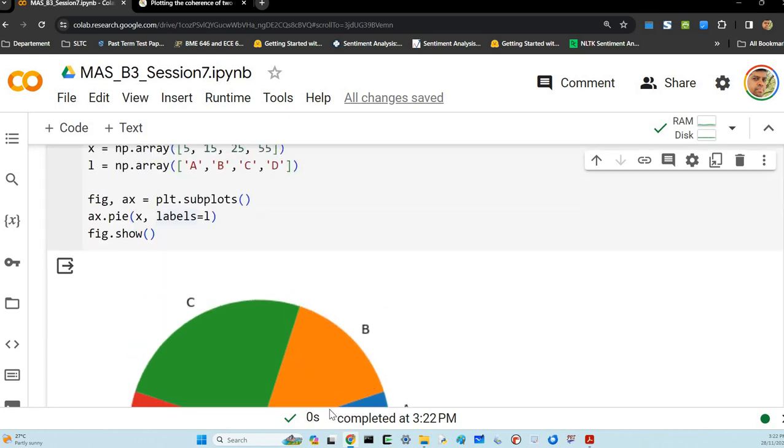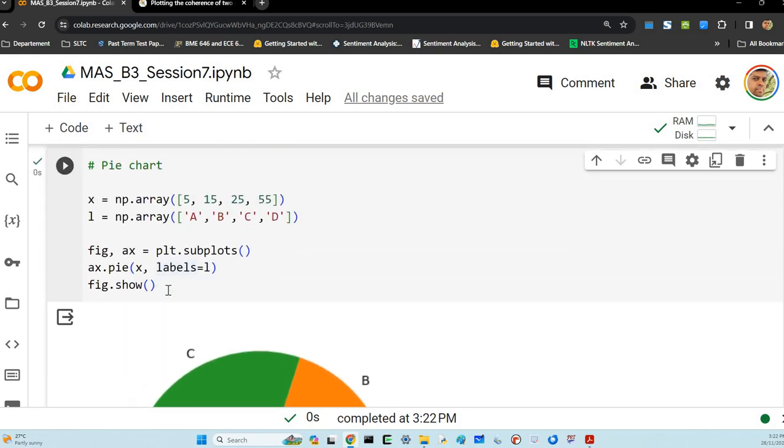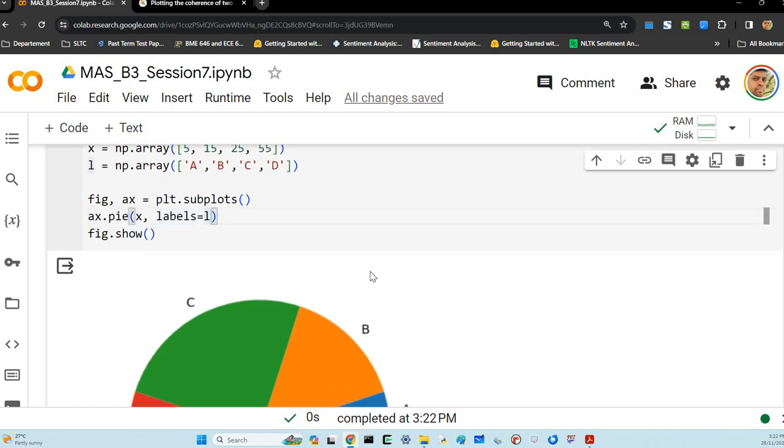If you want to have percentages as well, you can change it in the same place. This is called autopct, auto percentages. You have to be very careful about the symbols we use for the percentage value. And then we have to put how many decimal places we want. 1.1f, this is the formatting string that we have discussed earlier.